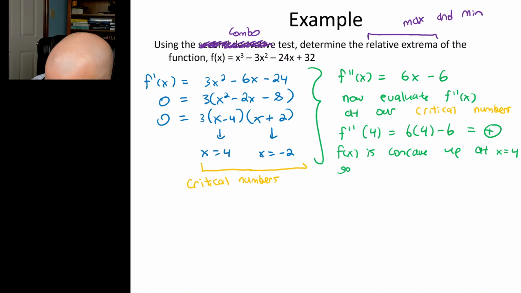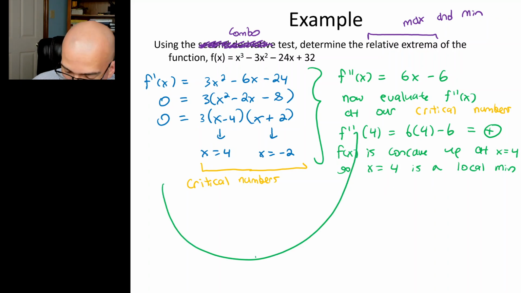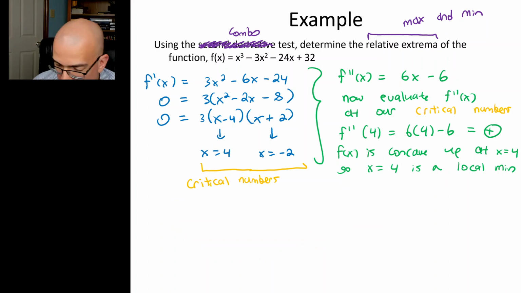So x equals 4 is a local min, since concave up looks like this, has that shape in the vicinity of a critical point. That's going to be a local min. Now we need the y value. Y equals f of 4.